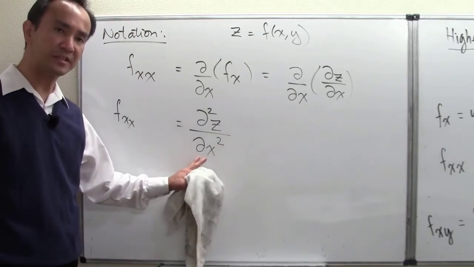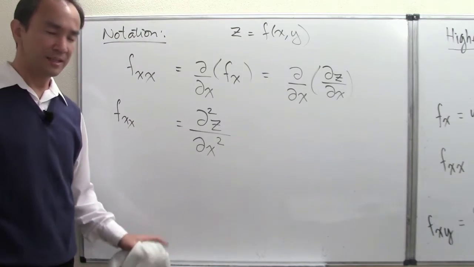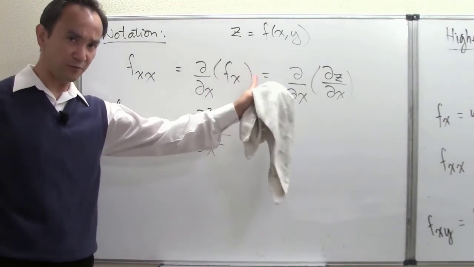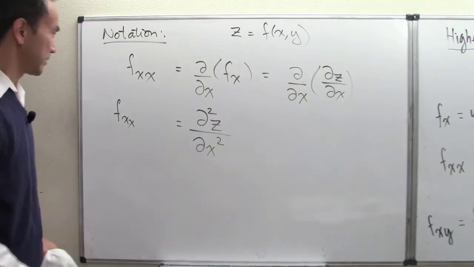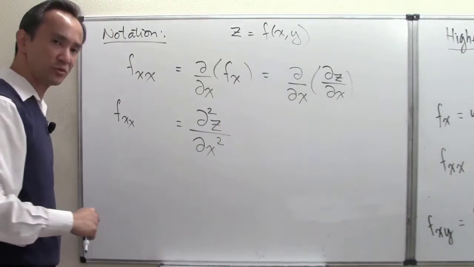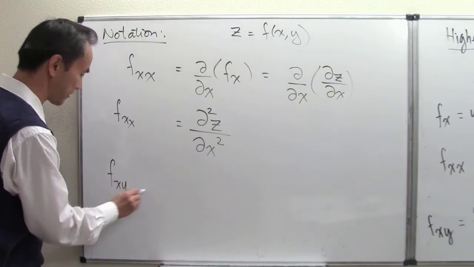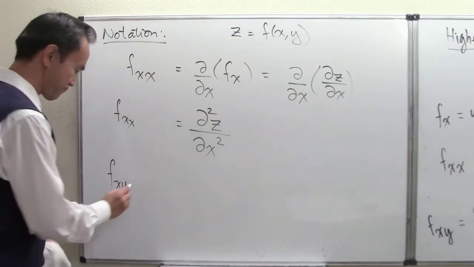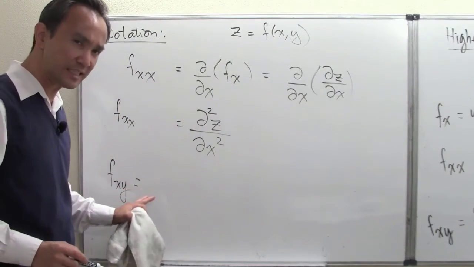That's the Leibniz notation for the second order partial derivative. I carefully point out the order right there for you to understand. The f sub yy is easy to understand. You can derive that similarly to what I've done here. Let's look at the f sub xy right here. This is where it's important that you understand, otherwise it's easy to mix up the order.